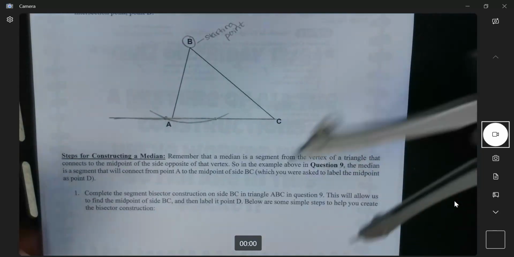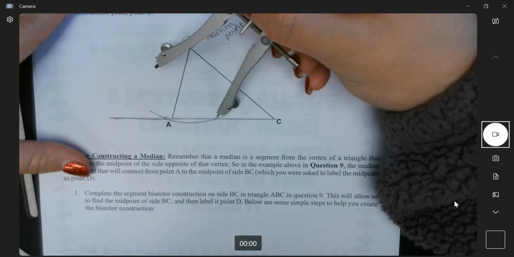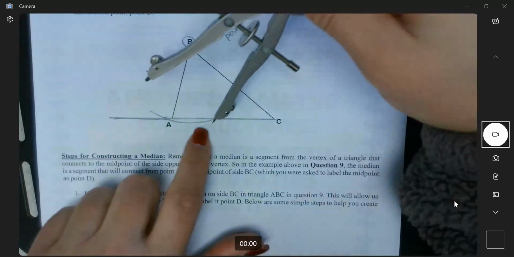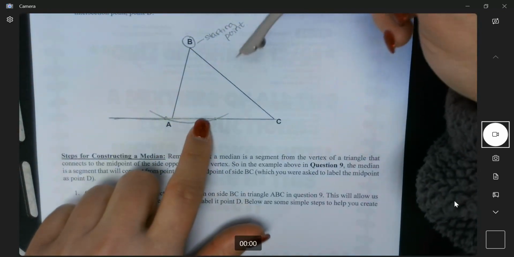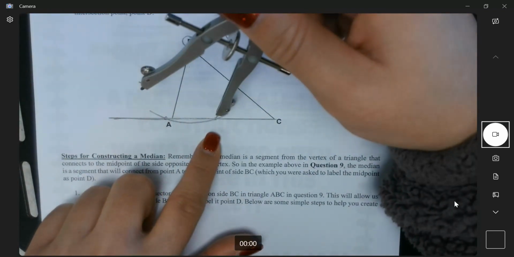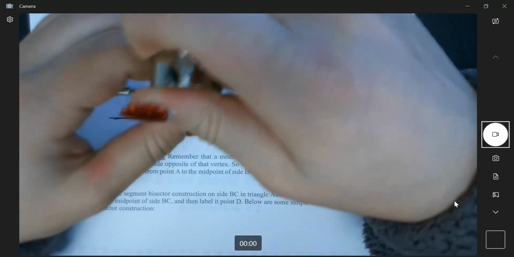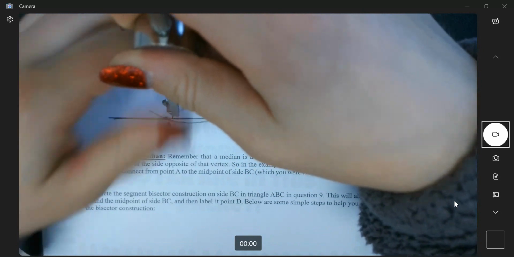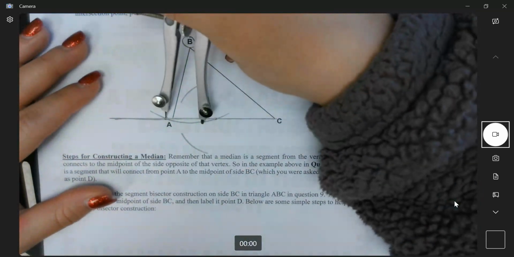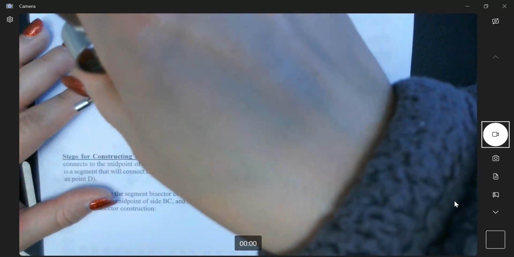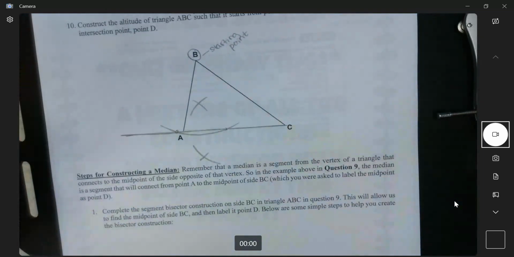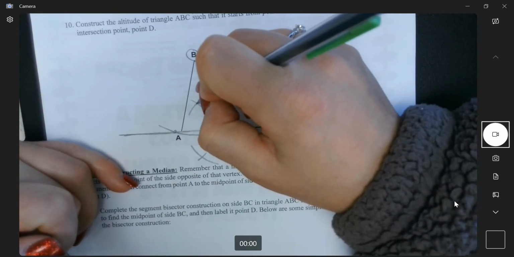And now I'm going to take my compass, place the point of it on this point here, stretch it to be a little more than halfway through the width of these 2 points, and make an arc above and below. And then do the same thing from this other endpoint. Arc above and below.